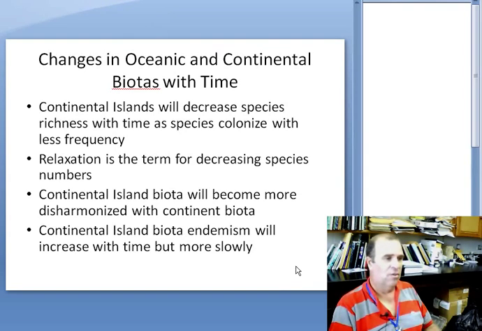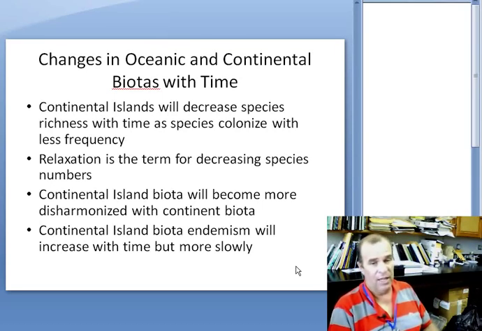Things like the big cats on Trinidad, for instance, became extinct after Trinidad was separated from the mainland, and they have not recolonized. So in that way, the mammal taxa in Trinidad is becoming more and more disharmonic with the continental biota.